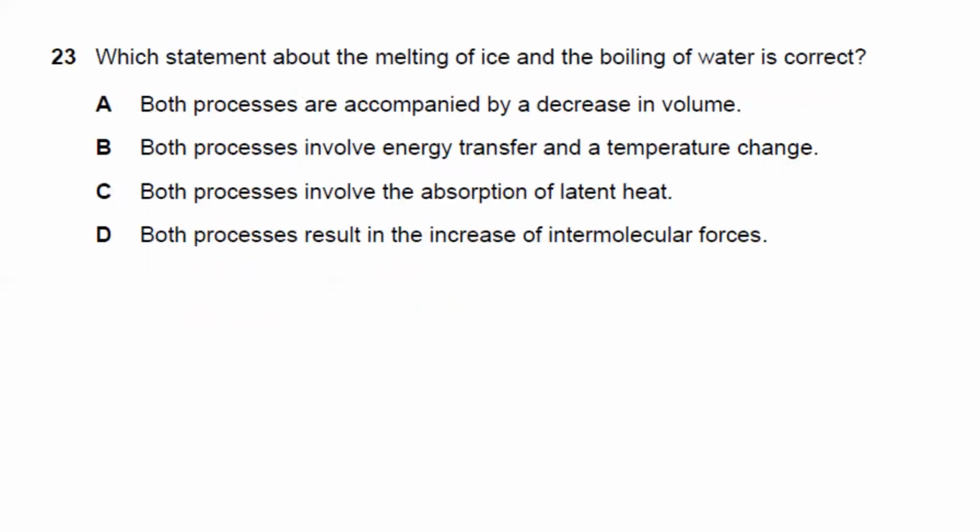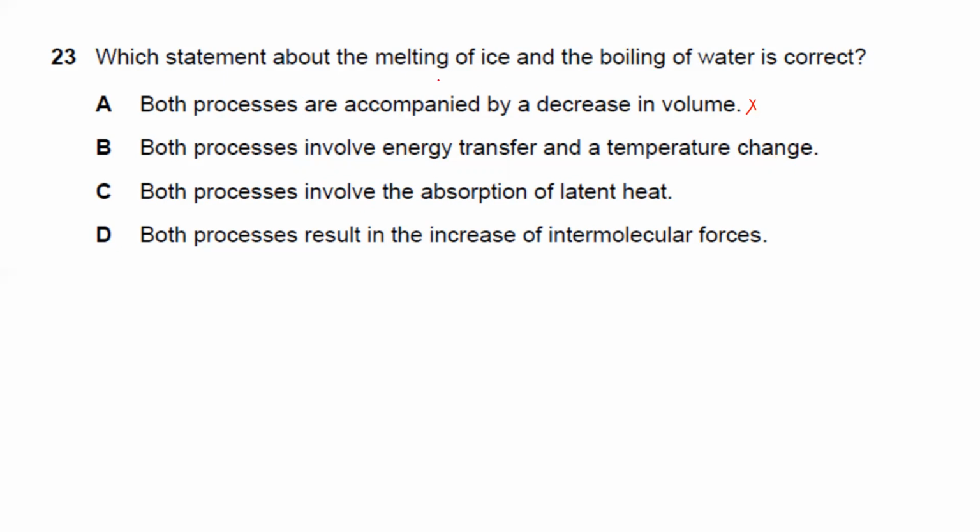Next question, question number 33. It says, which statement about melting point and boiling point of water is correct? First part, both processes are accompanied by decrease in volume. Now, one is a decrease in volume, one is an increase in volume. Both processes involve energy transfer and temperature change.